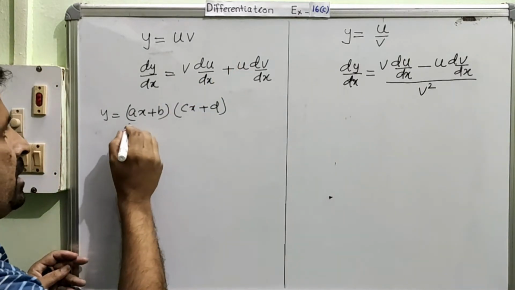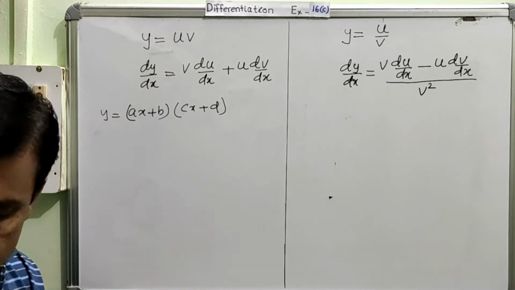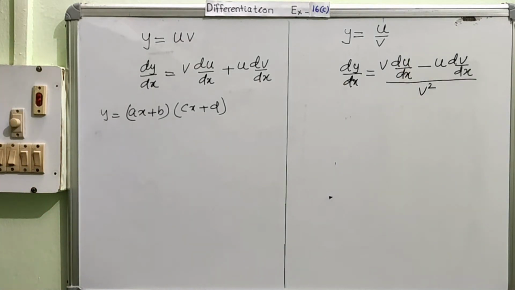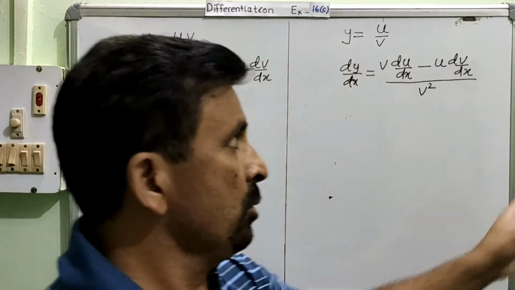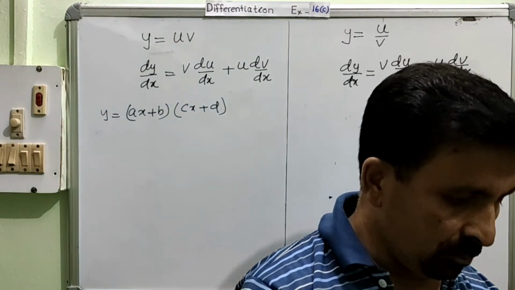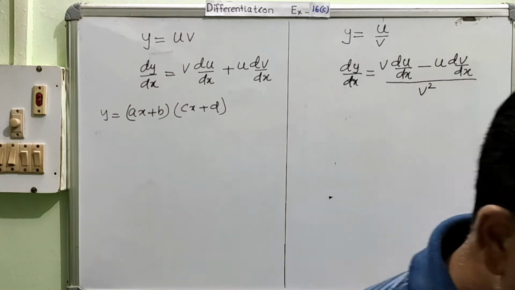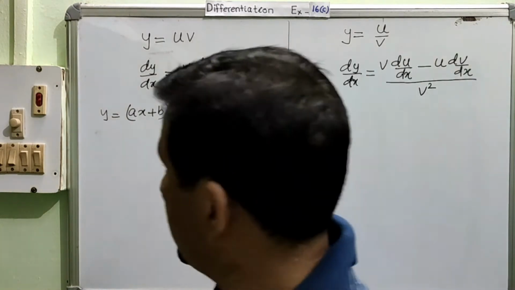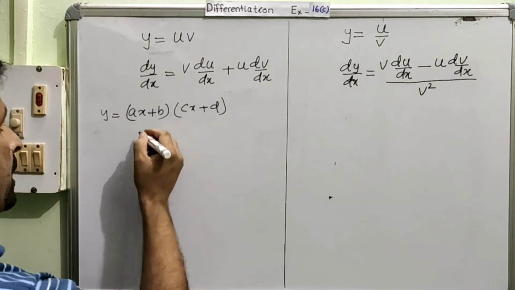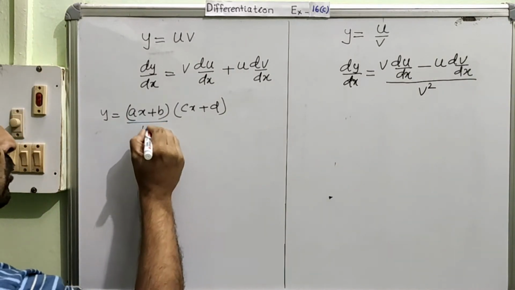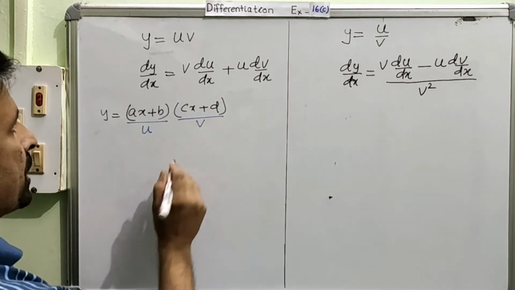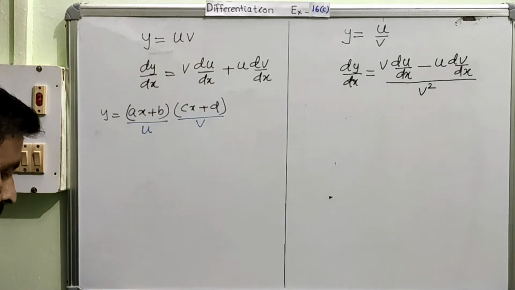We will assume the first function as u, and the other function we will assume as v. Is this clear? By assuming, we will have a clear understanding. This will be taken as u and this as v. Now just apply the rule.